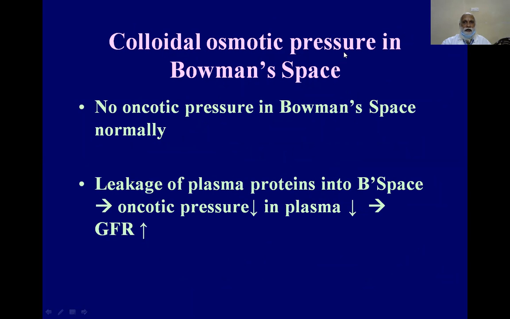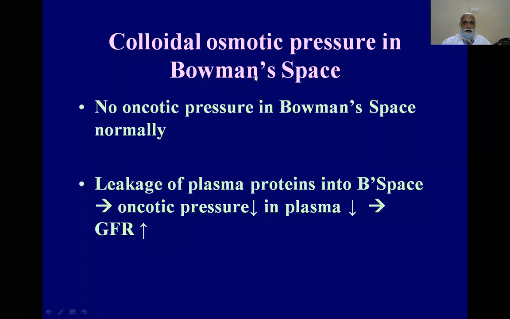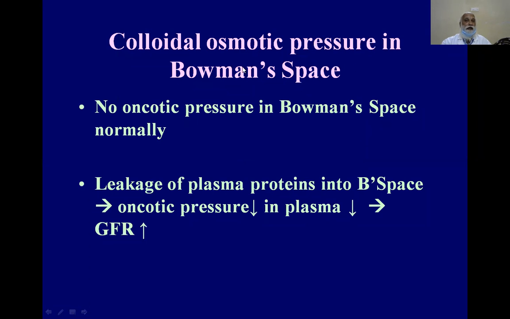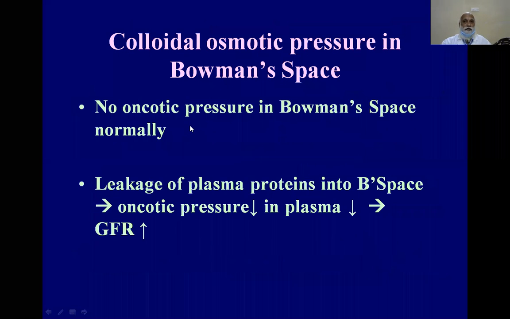Then when it comes to the colloid osmotic pressure in the Bowman's space. Earlier we have seen the hydrostatic pressure in the Bowman's capsule. Now we come to the colloid osmotic pressure in the Bowman's capsule. Ordinarily, there is no oncotic pressure in the Bowman's space because no protein is filtered.